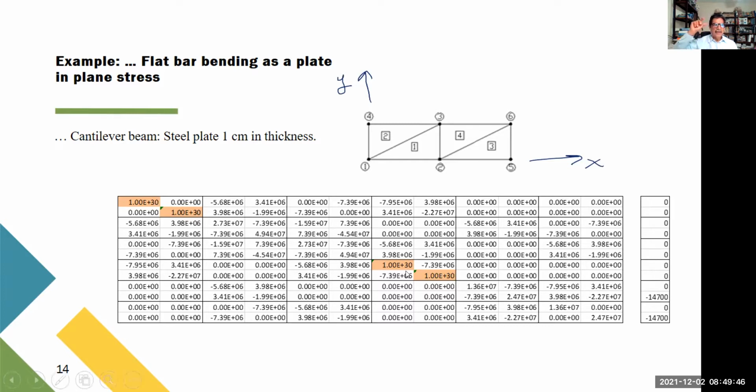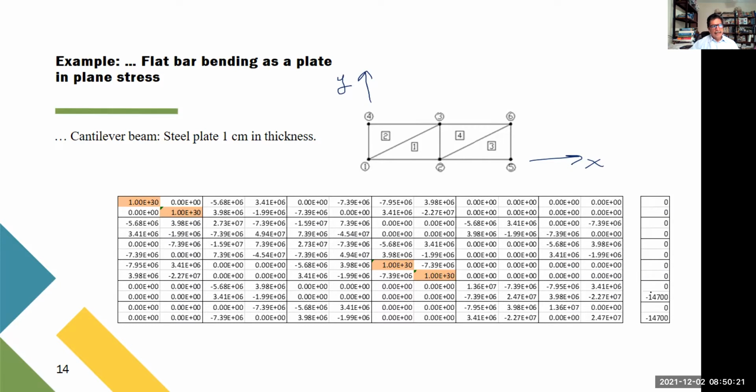We put a large value, and on the other side, we put this large K value times the value of the displacement that we want as a result. Since all of this is 0, that's why we see here, that's 0, and this is 0. If you want a different value, what you have to do is replace this large one, in this case 1 to the 30th, times the value of the displacement that you desire.